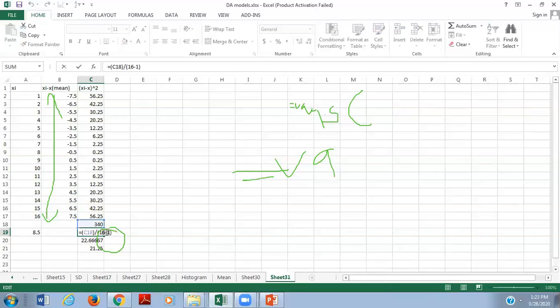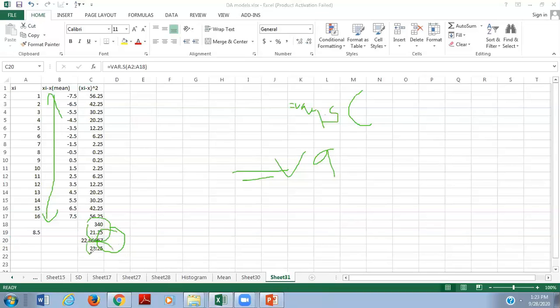Now I just want to show you, instead of n minus 1, if I take only population, that is, if it is population, if it is not sample, then see, this value and this value are now the same.